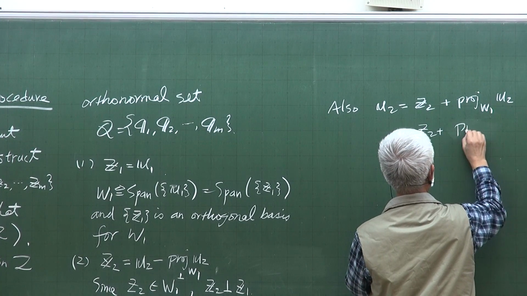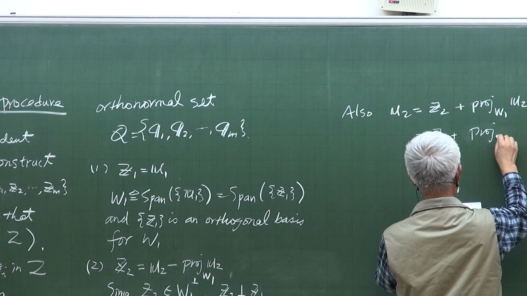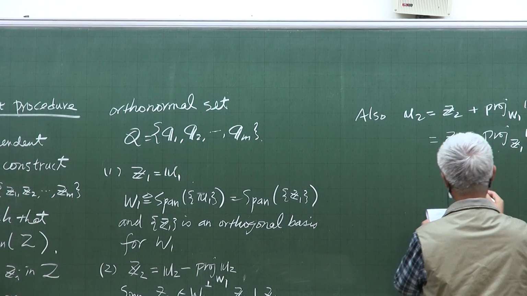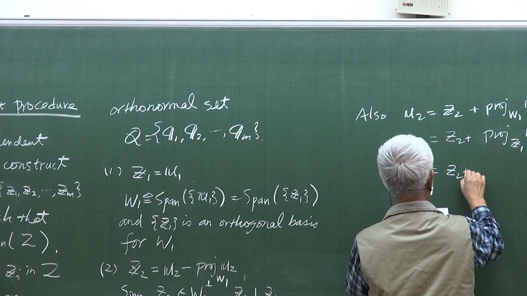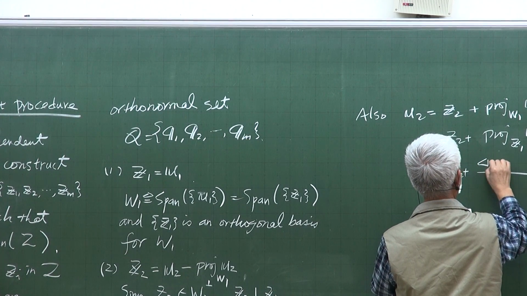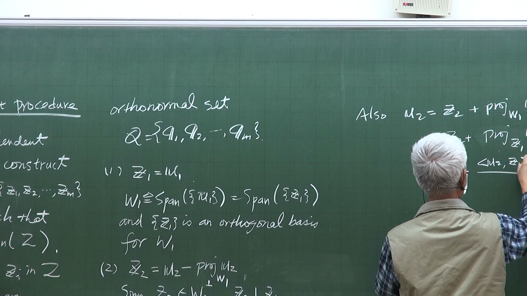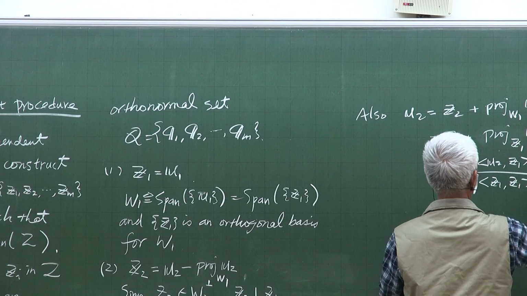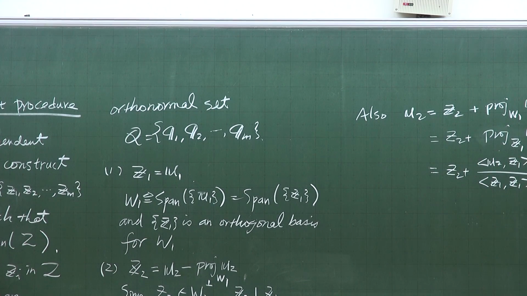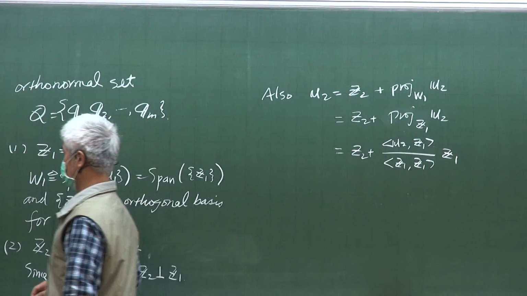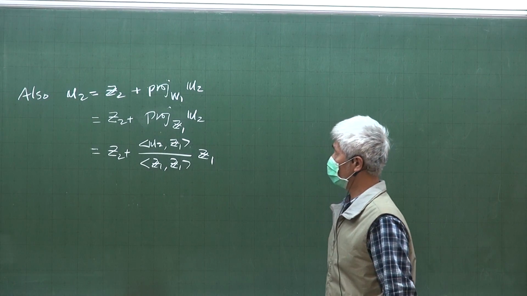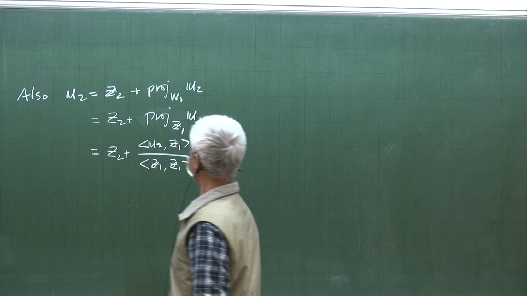So this is the projection of U2, and this is equal to the inner product of U2 with Z1 over the inner product of Z1 with Z1, times Z1.